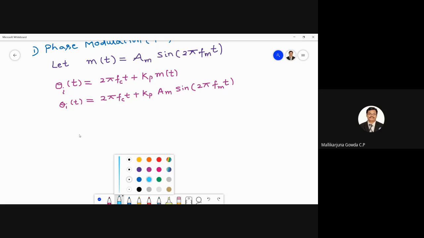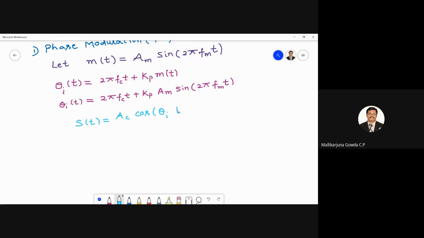The phase modulated signal, that is s of t. What is the expression? Ac cos of theta i of t. Why is this not written? Why have you not noted this equation in your notebook?